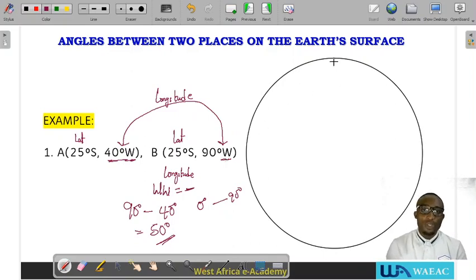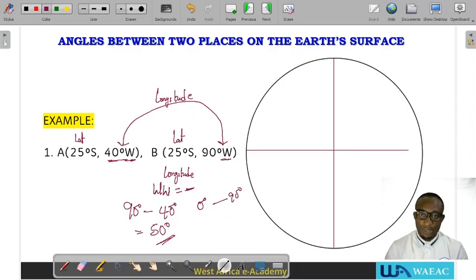But how are you going to identify or locate it on your Earth surface? It's still the same way we have been doing it. So let's introduce our west to east axis.